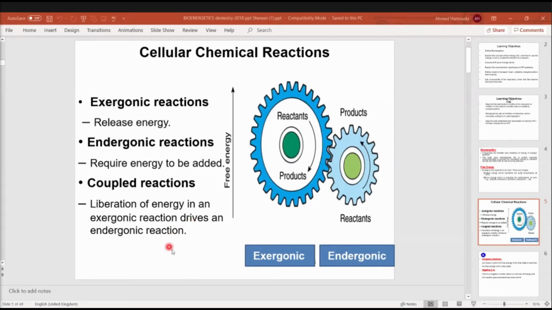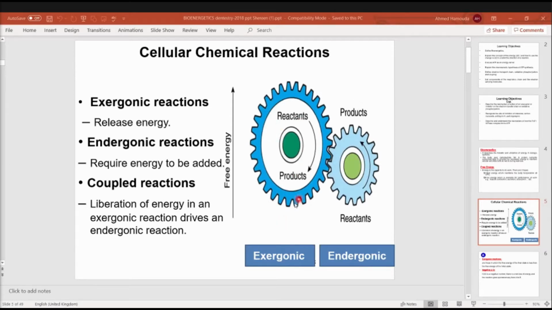The energy produced from the exergonic reaction will be used by the endergonic reaction to allow the overall reaction to move forward.